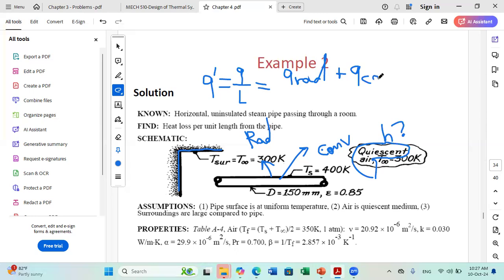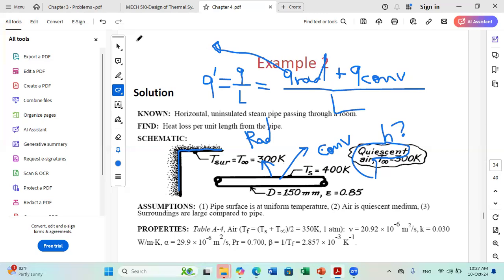Okay? Now, can you tell me what is the expression of each of these losses? What is Q radiation by definition? Who can tell me? What is the formula for Q radiation?